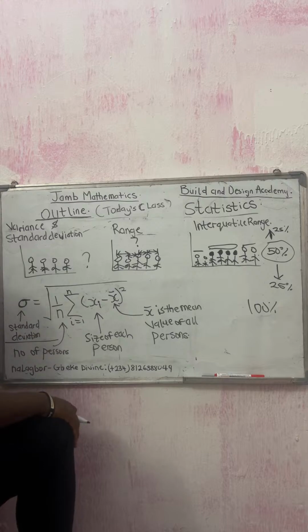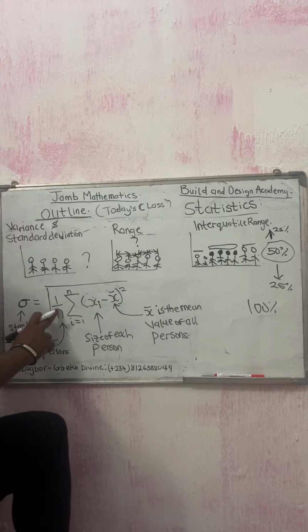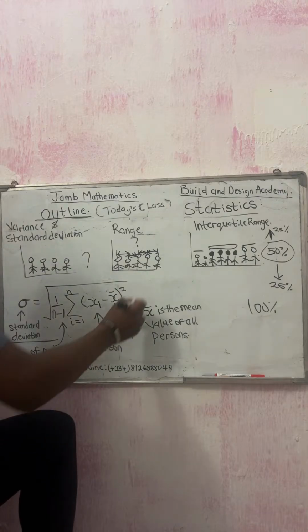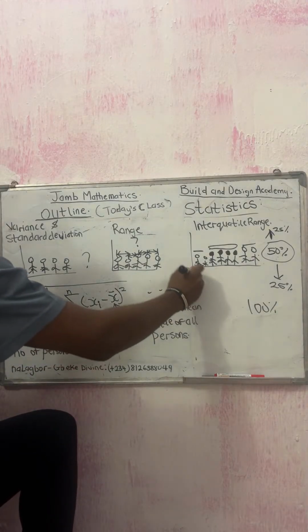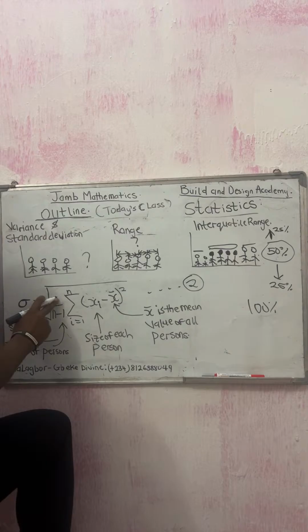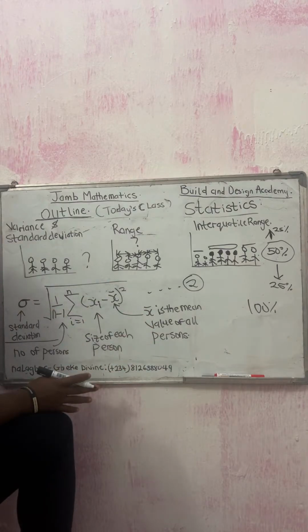Now, for the next one, it will be 1 over n minus 1. This is equation 2. Every other thing will remain the same.